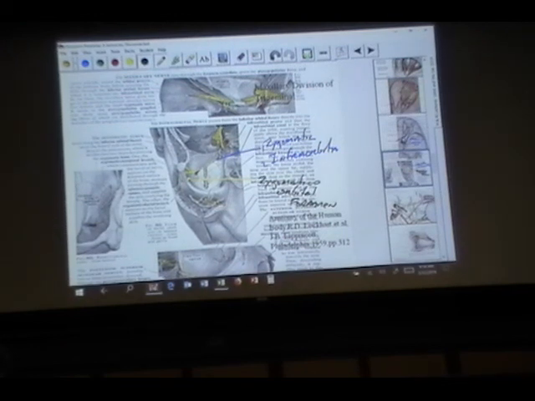Greater petrosal. So wherever a trigeminal sensory fiber is going, it is carrying the postganglionic fibers of the greater petrosal branch of the facial nerve. Okay. And we'll pick up on this next week.